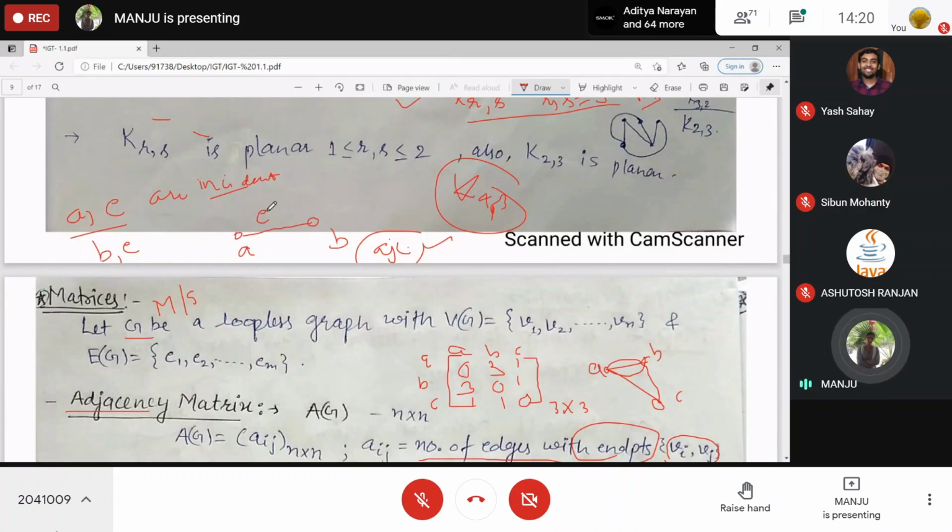That means edge E and vertex A are incident, or you can say E is incident with A, and the same with B. An edge is incident with a vertex if this vertex is an endpoint of the edge. Clear? Okay, so how many edges are incident with vertex C in this graph? 2.